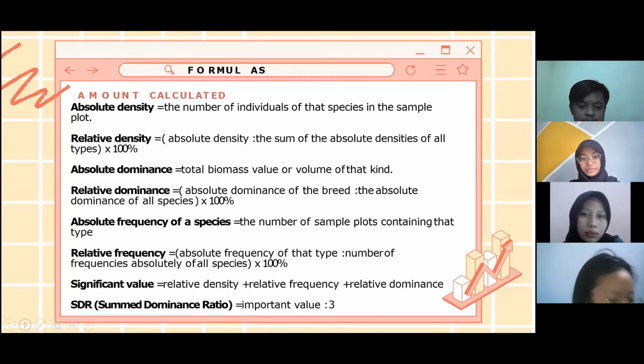And then the importance value, the sum of relative density plus relative frequency plus relative dominance. SDR or summed dominance ratio, the importance value divided by those three.